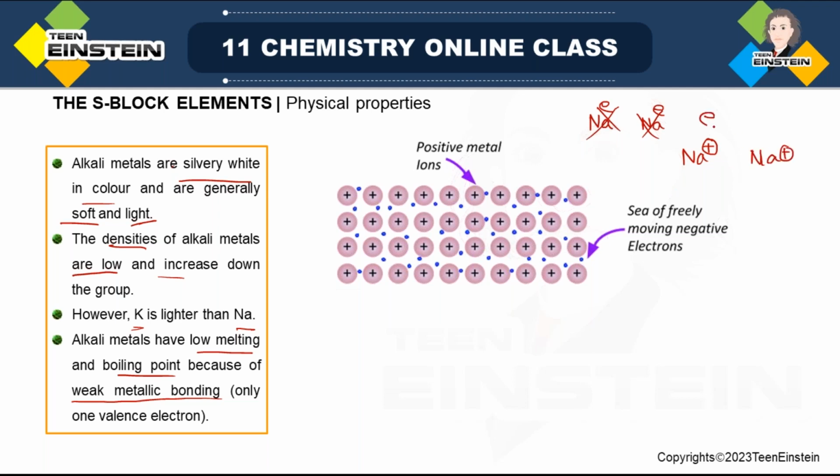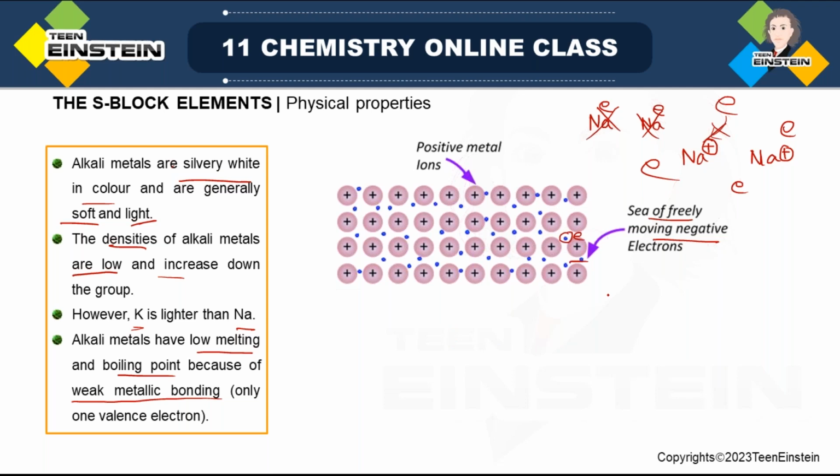It is not that there is one electron which belongs to it and another which belongs to the other. The electrons are so freely moving that you will not be able to say which electron belongs to which sodium. So as if there is a sea of freely moving negatively charged electrons. So these are electrons, and they are moving among these positive metal ions.